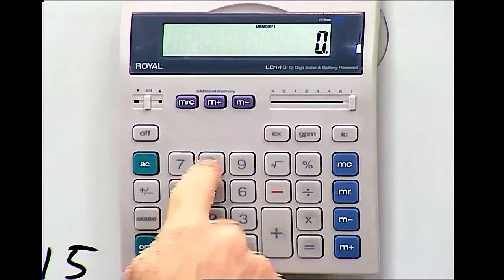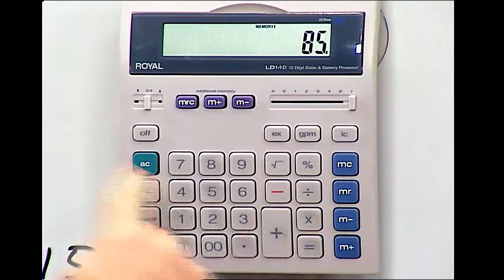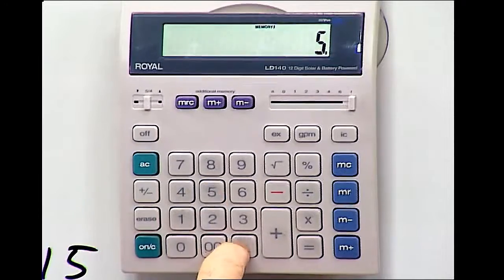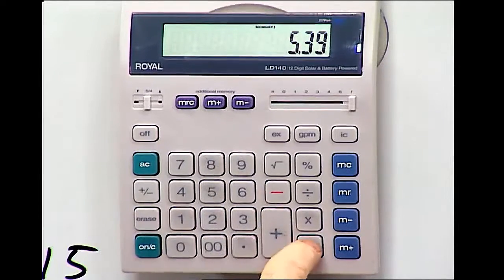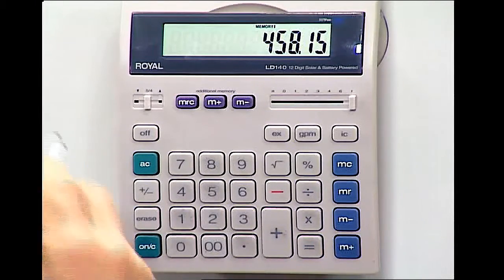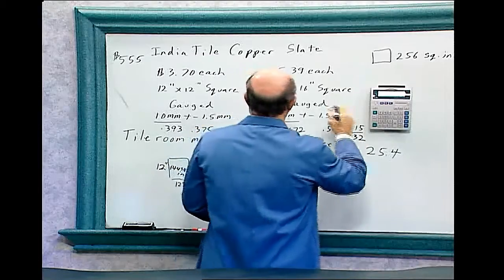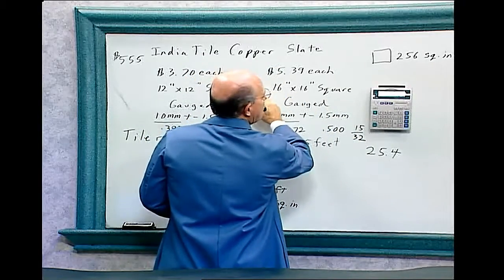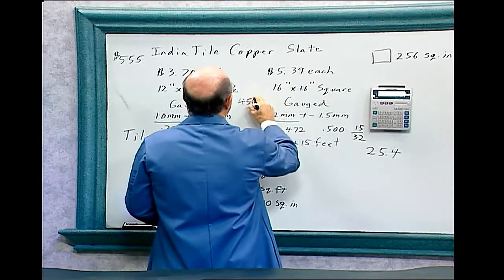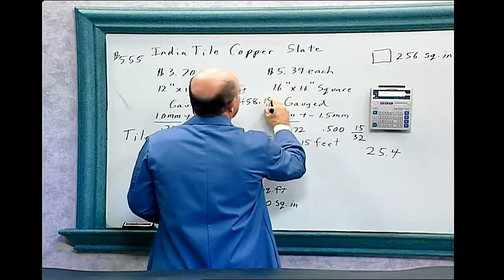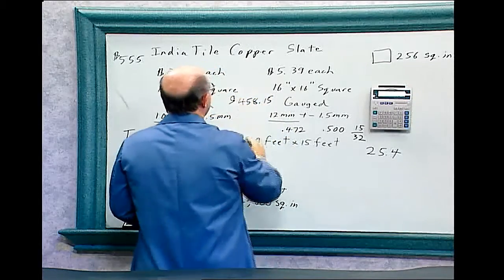So let's clear that. 85 times $5.39 equals $458.15. So that will cost you for this room $458.15.